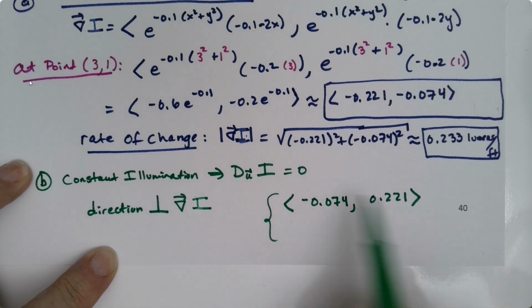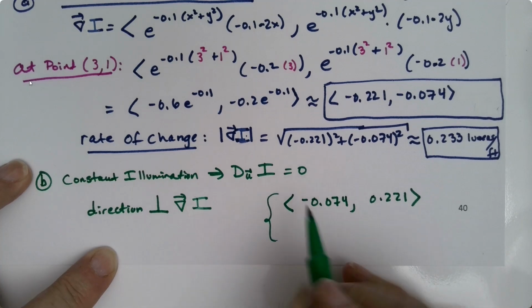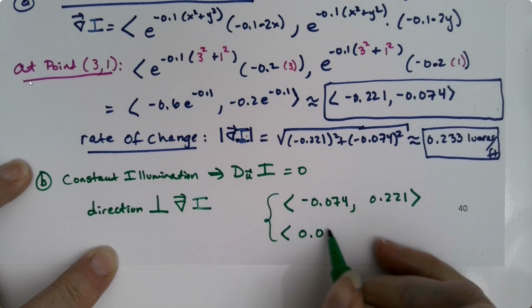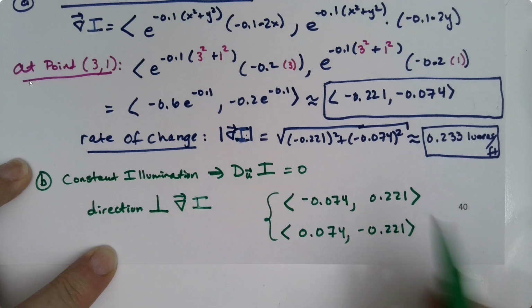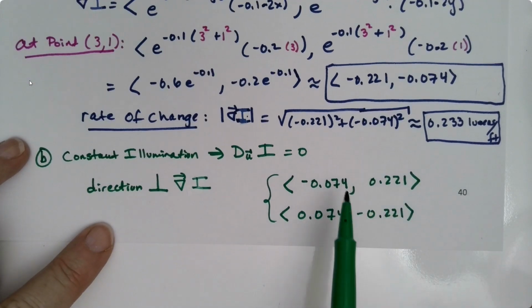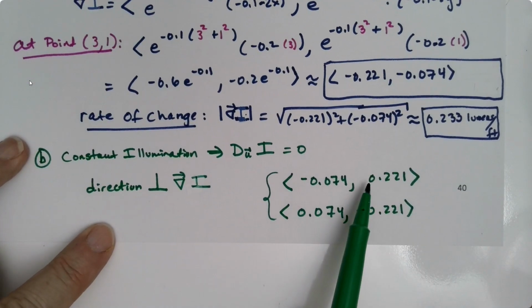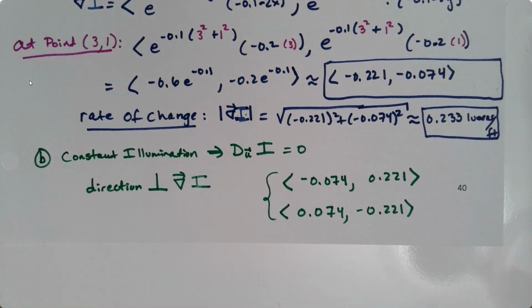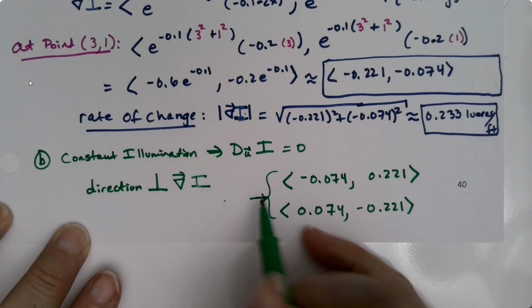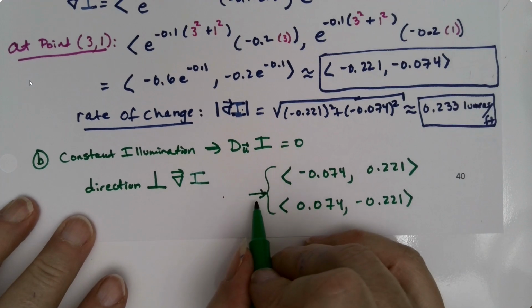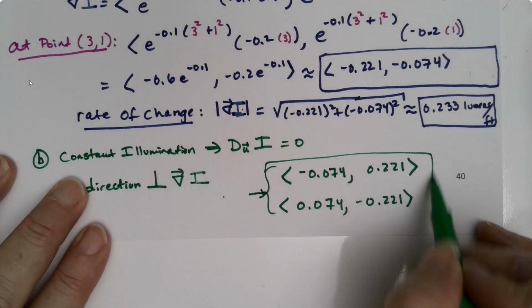So I switched them and made the back one positive, or I switch them and make the first one positive, right? You either switch, so you flip the two numbers and then either make the back one switch sign or make the front one switch sign. But either way, right, there you go. We learned that trick back in chapter, well, the first chapter, the first unit. So I'll just circle these.